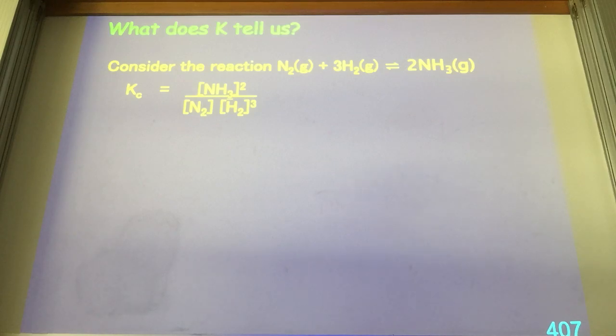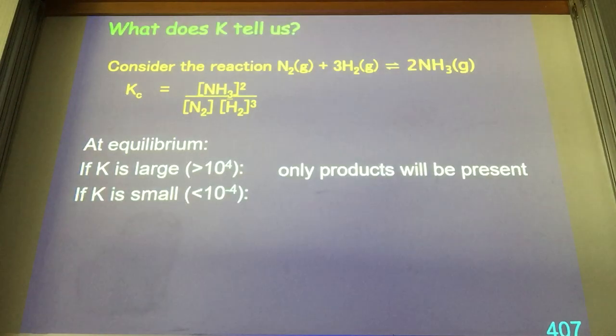What does the equilibrium constant tell us? Well, the reaction nitrogen plus hydrogen gives ammonia again. We've got our equilibrium constant expression. If that's a very large number, what does that tell us?